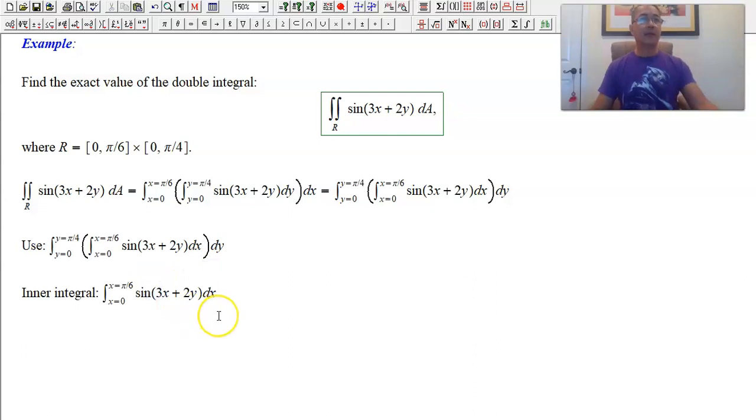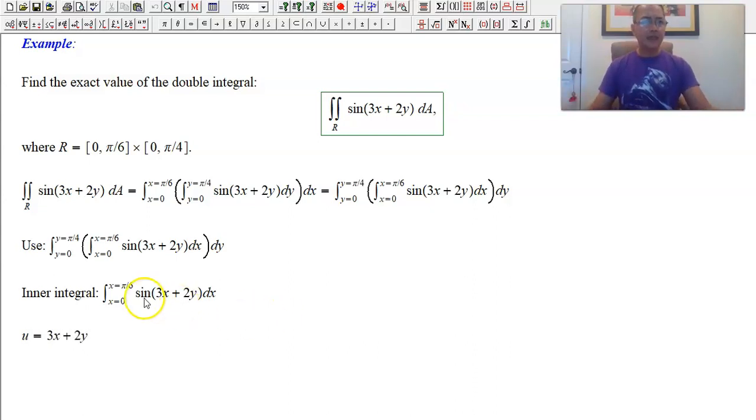Here's a copy. We need to find an antiderivative for sine of 3x plus 2y. Our differential is dx. One reason I chose this example is we get to practice with u substitution. So the u will be 3x plus 2y.